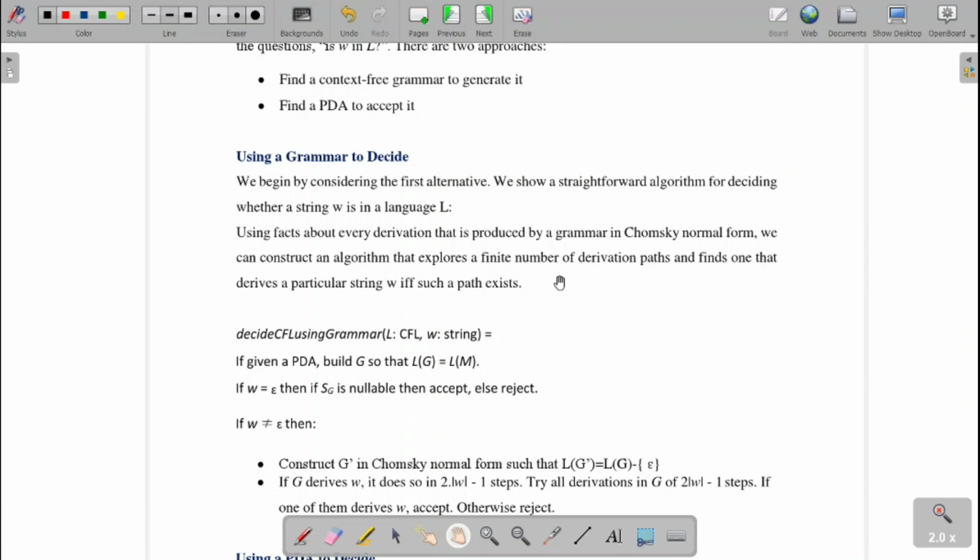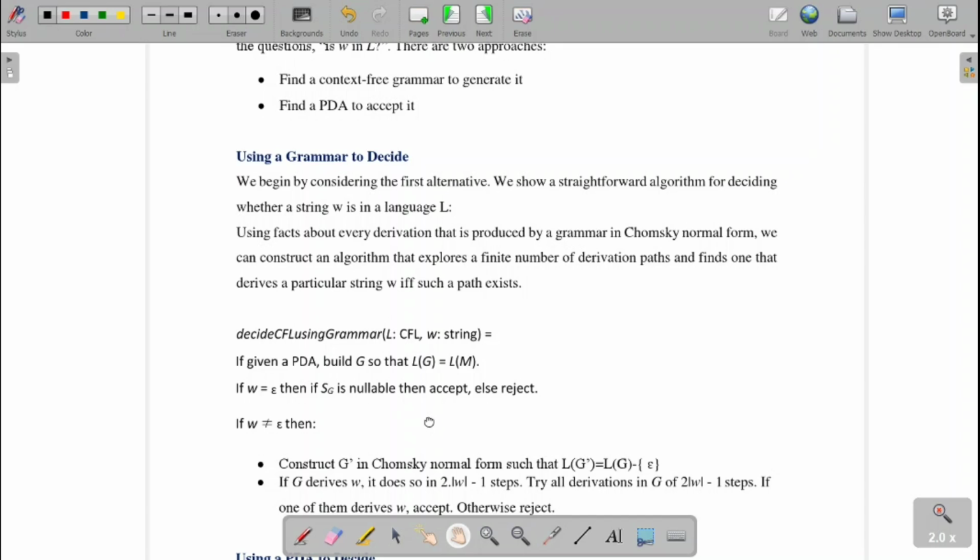This Chomsky normal form we already learned in our previous classes. So we construct an algorithm that explores a finite number of derivation paths and finds one that derives a particular string W. If we are able to derive our string W, then we say that there is a path, or else we don't have the path.